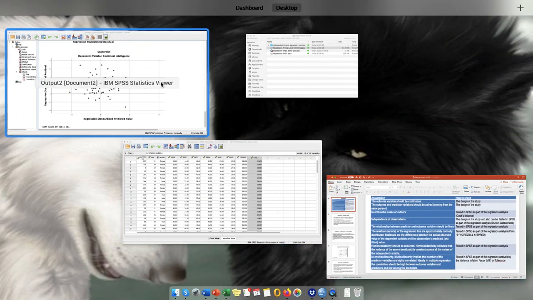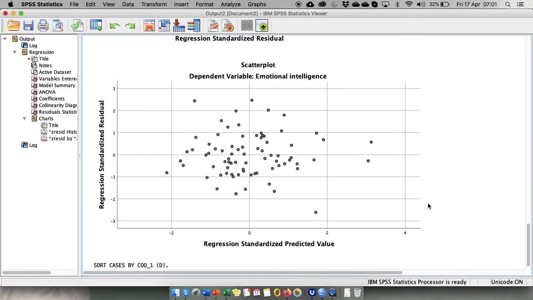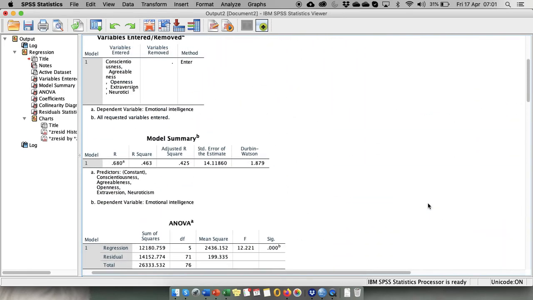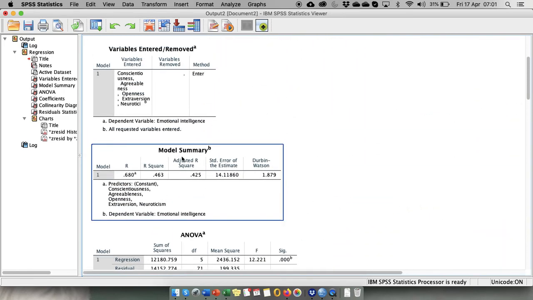So when you report the results of the regression, the most important values to report are adjusted R-square, to explain how much variance is accounted for by your predictors in the dependent variable.